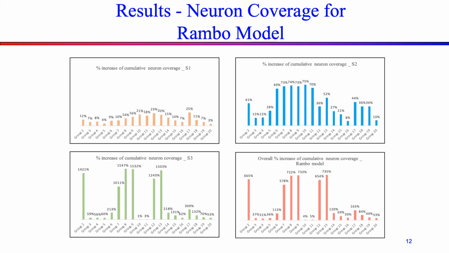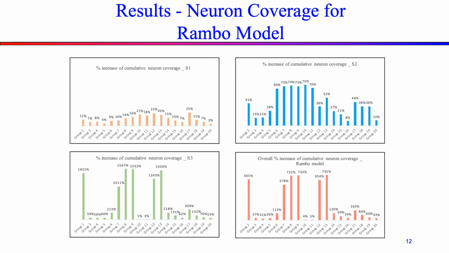We also notice that although there is a significant increase across all the groups in S3, the cumulative neuron coverage increase for groups 10 and 11 is very minimal. It's under 5%. This can be explained as follows: the seed images representing groups 10 and 11 cover a significant number of neurons during the execution.